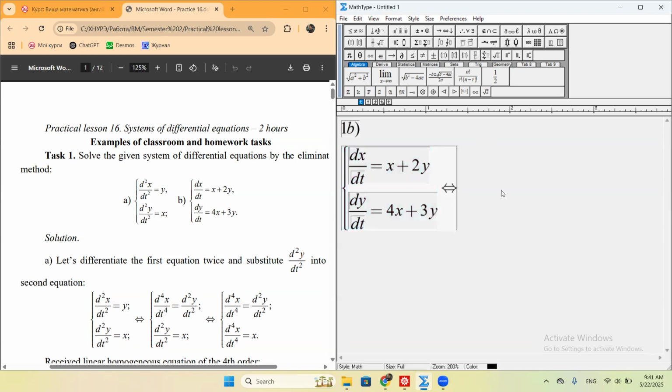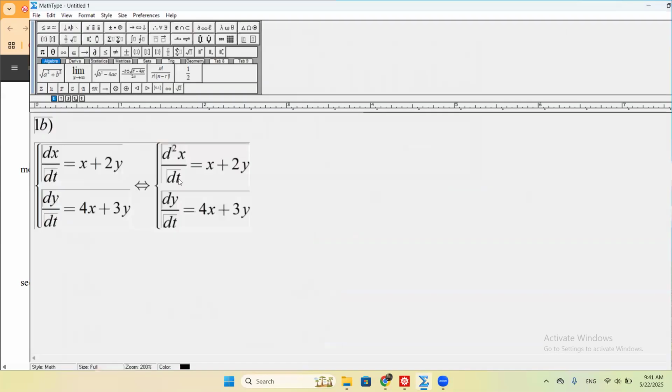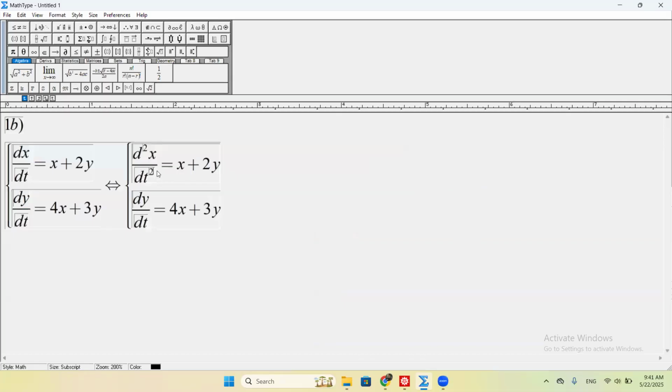Doing actually the same stuff, we will differentiate the first equation. So d2x by dt2 equals dx by dt plus 2 dy by dt.